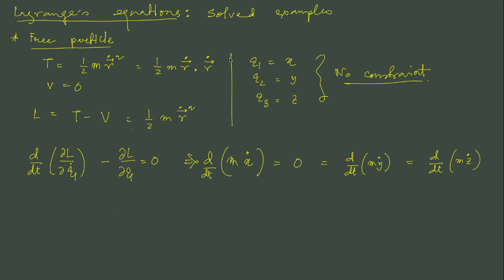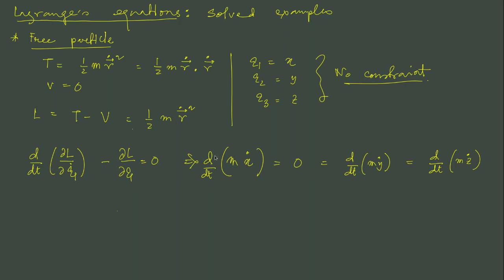We are supposed to choose some, but in this problem it's a free particle, so there are no constraints, which means that it has 3 degrees of freedom and we are free to choose any 3 coordinates, orthogonal, independent, that can act as generalized coordinates. We choose, let's say, x, y, z. Q1 is x, Q2 is y, Q3 is z. The remaining part is straightforward.